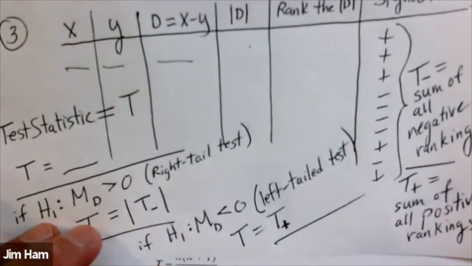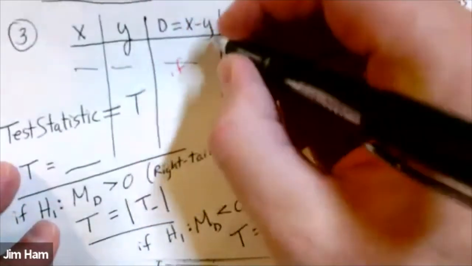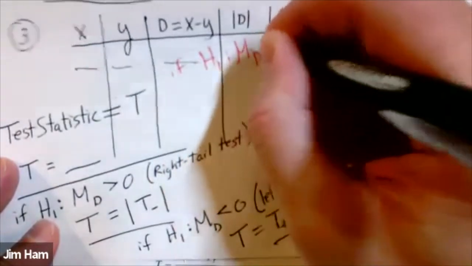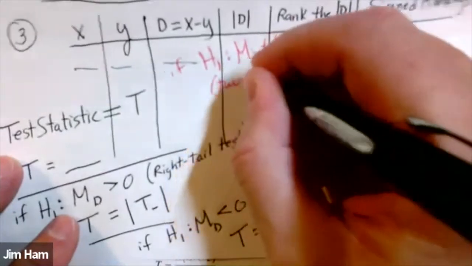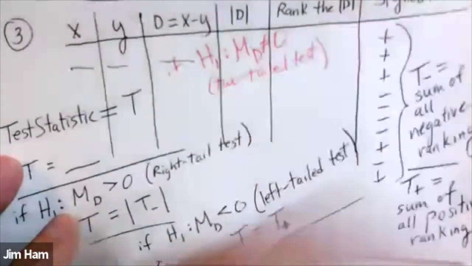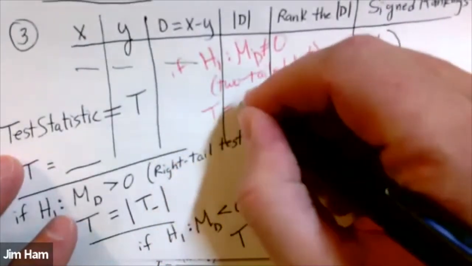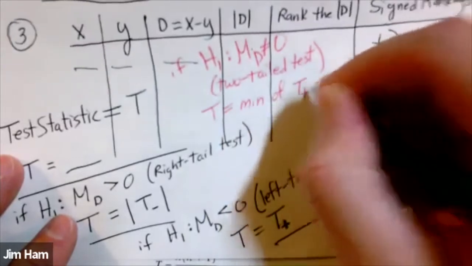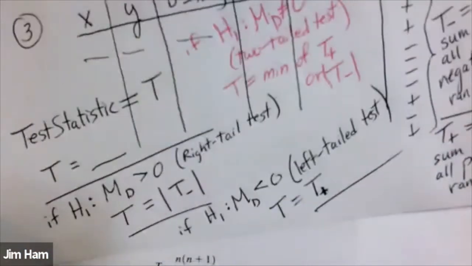I'm running out of room down here, so I'm just going to write the other one here. The third scenario is if the alternative hypothesis uses the not equal to. We call this a two-tailed test, same as before. Then T is equal to the smaller of T plus or T minus, again in absolute value.